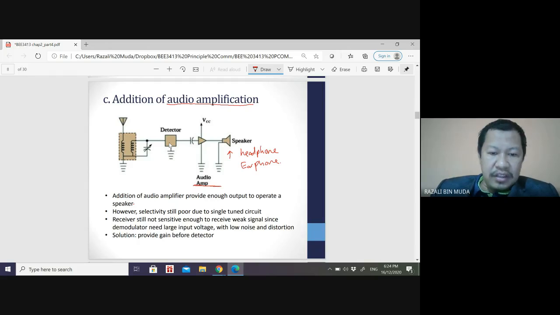However, selectivity is still poor due to the single tune circuit. One single tune circuit is not enough. The receiver is still not sensitive enough to receive weak signals, since the demodulator needs a large input voltage. This demodulator is the detector.